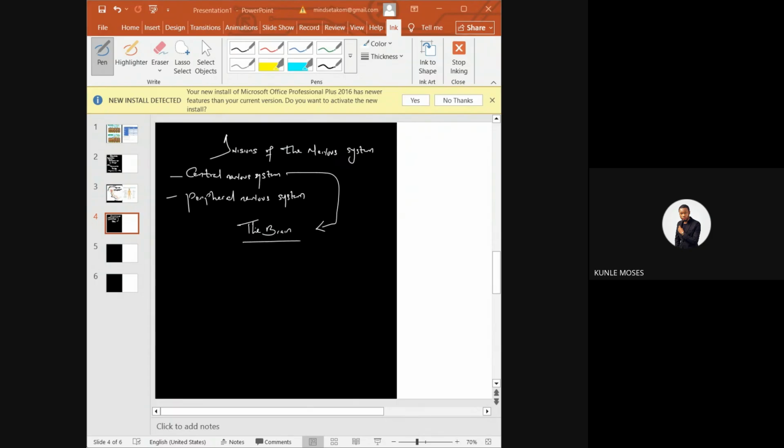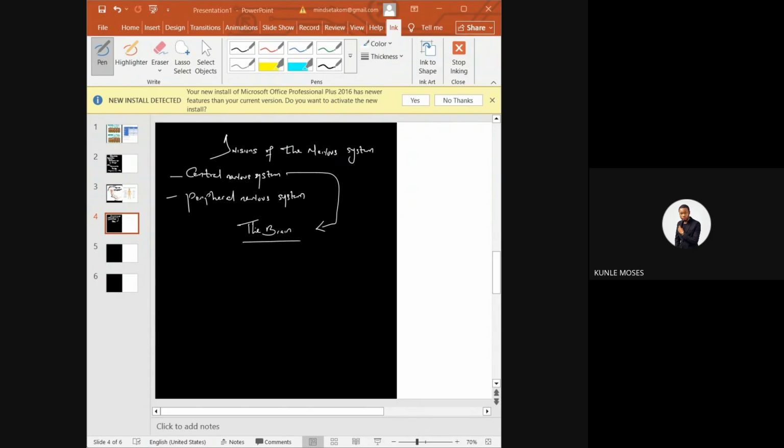So do you see the difference between the numbers of nerves for the cranial and the spinal?